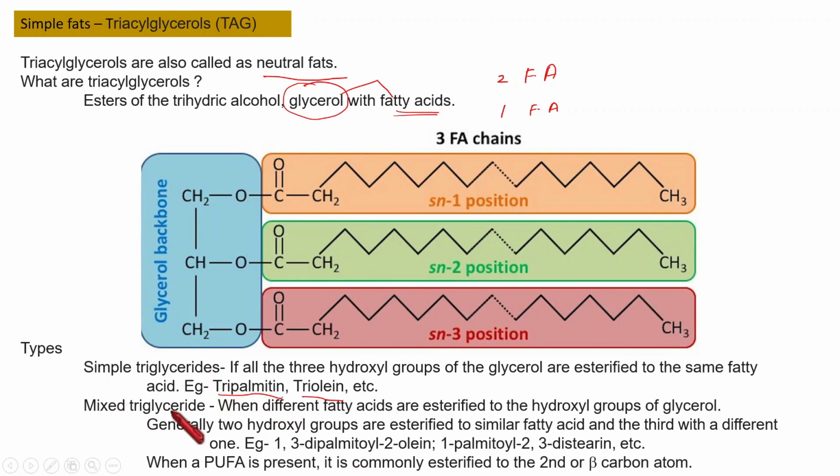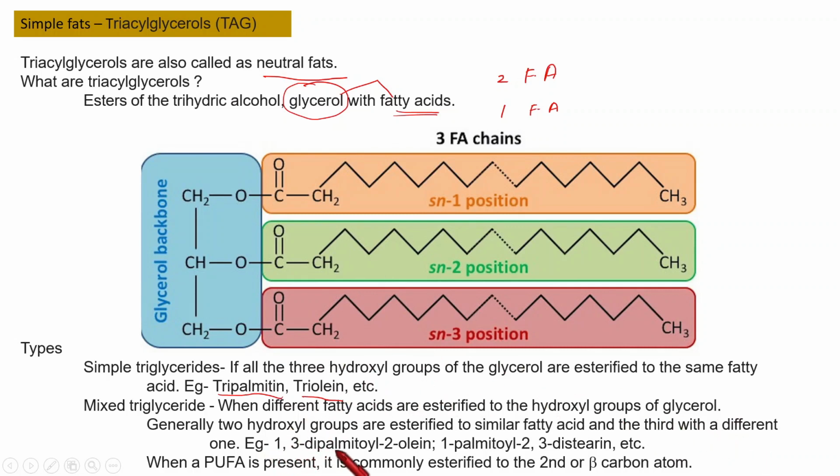Then what do mixed triglycerides mean? In such triglycerides, at least one fatty acid is a different one, not the same as the other 2 fatty acids. Generally, the pattern of the mixed triglyceride is that only the fatty acid attached to the third hydroxyl group will be the different one.